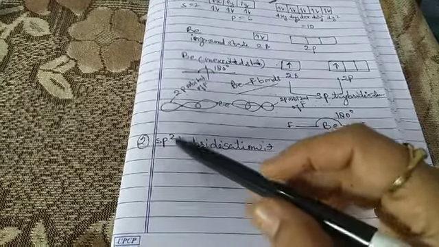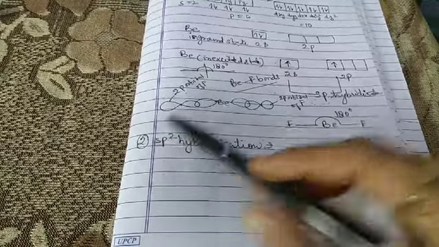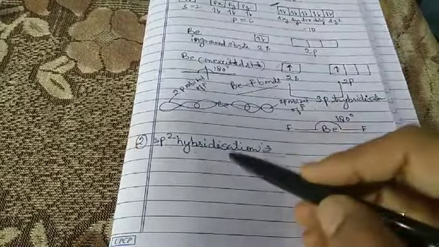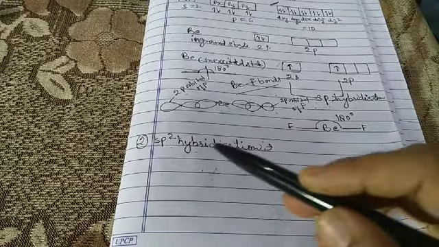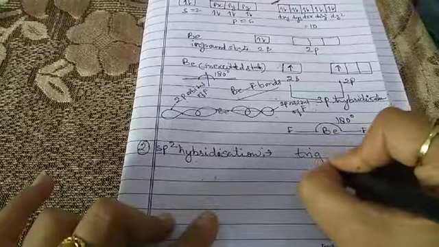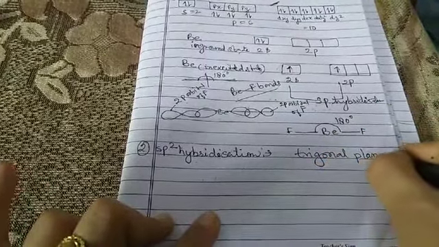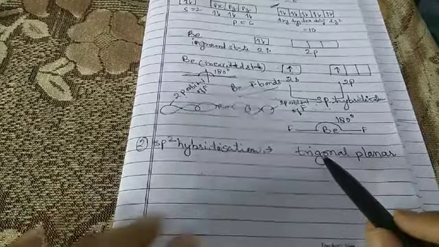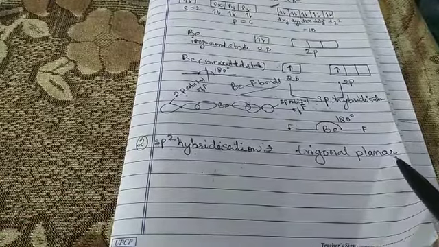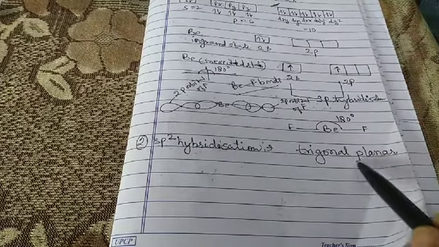These three sp2 hybrid orbitals remain in the same plane, making an angle of 120 degrees with one another, and this arrangement is known as trigonal planar. We have already studied how to form the trigonal planar shape under VSEPR theory.